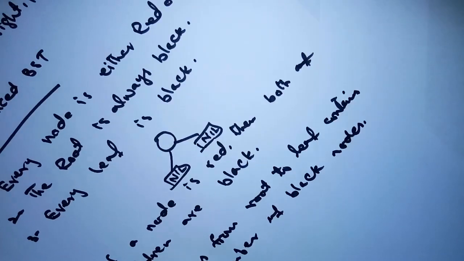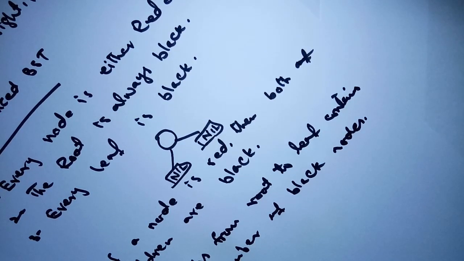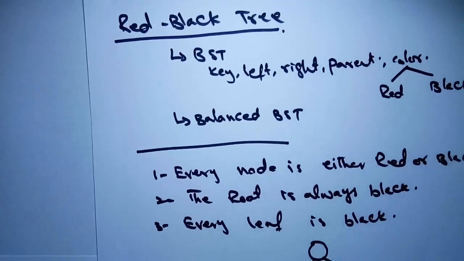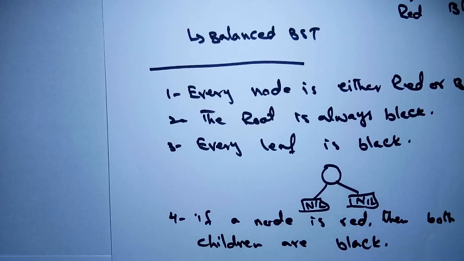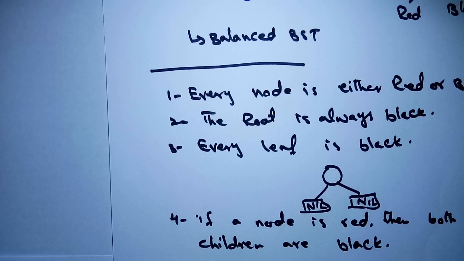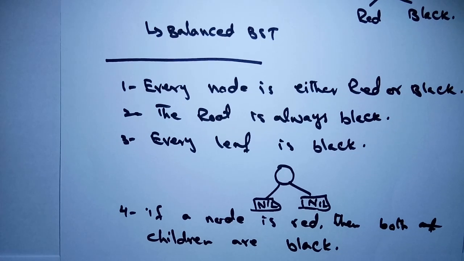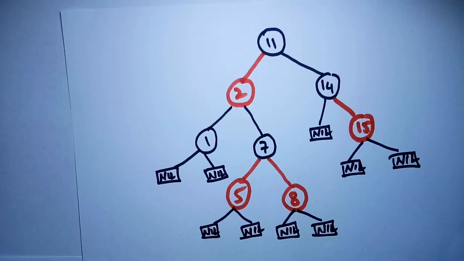If any binary search tree follows these properties, these rules, that binary search tree is called a red black tree. Clear? So we'll see some examples of the red black tree.